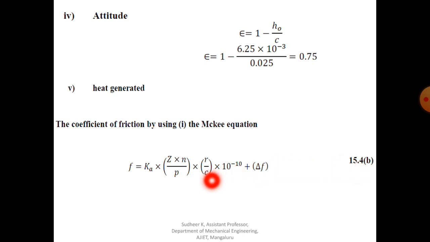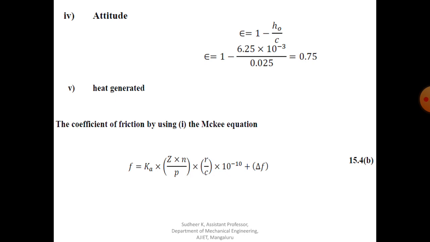15.4b. It is given by f equal to K into Z into N divided by P into R by c into 10 to the power minus 10 plus delta f. Here the Ka value they have given, 0.195 into 10 to the power 6 for full bearing, when beta equals 360 degree, so that may vary.